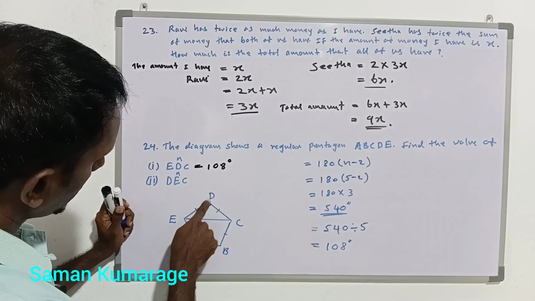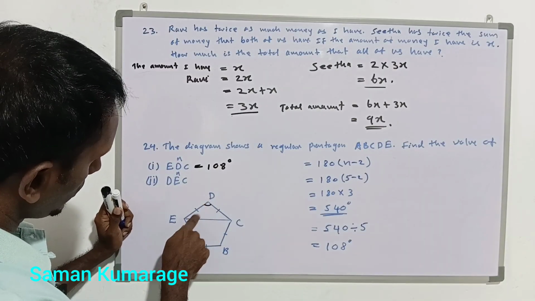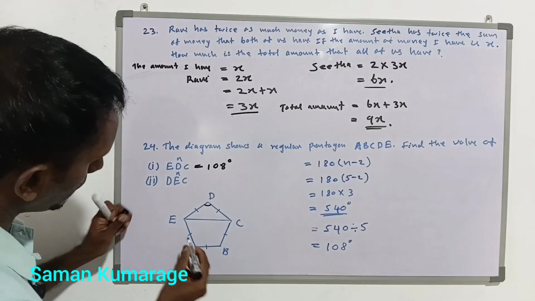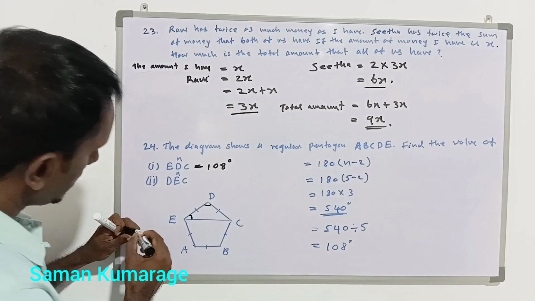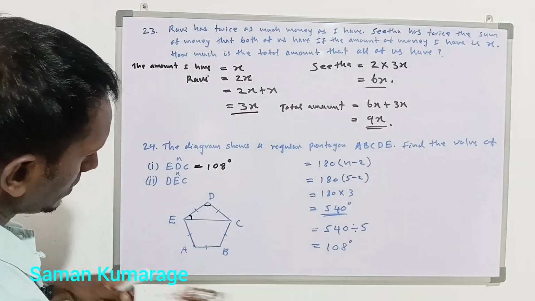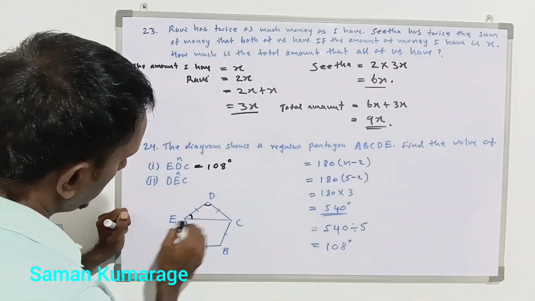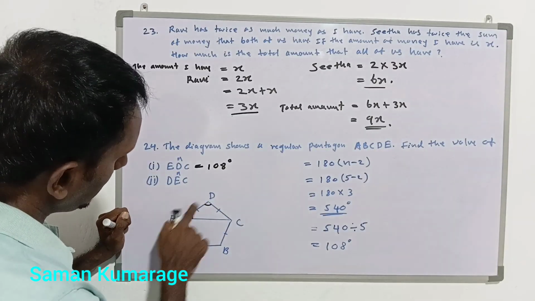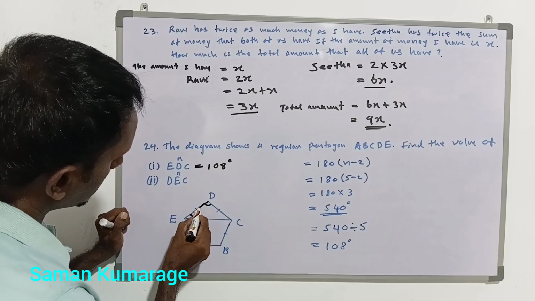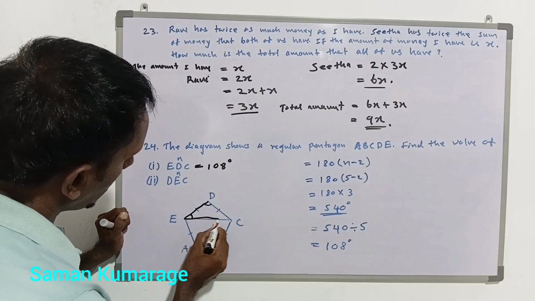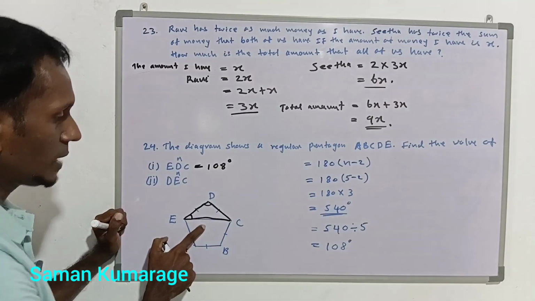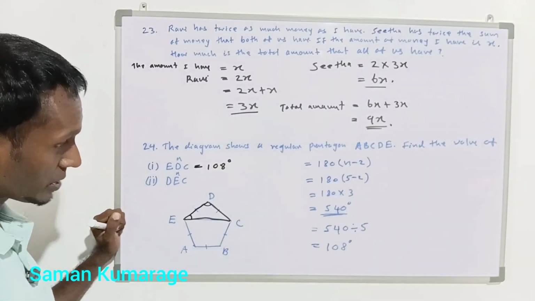And then we have to find the value of DEC. Now we need to find the value of this angle. Look at the EDC triangle. If you look at this triangle carefully, you can observe that this is an isosceles triangle.